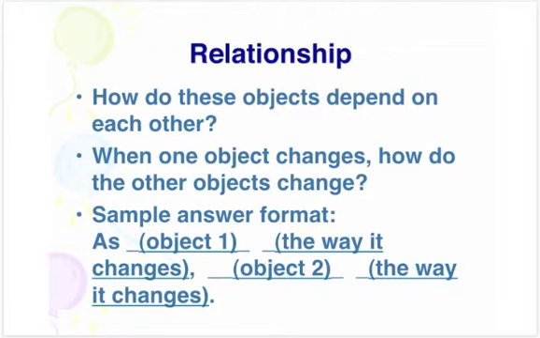Okay, you can talk about how if one increases, the other increases, or if one decreases, the other decreases, or if one gets warmer, the other gets colder. One gets bigger, the other gets smaller. How do the things affect each other?